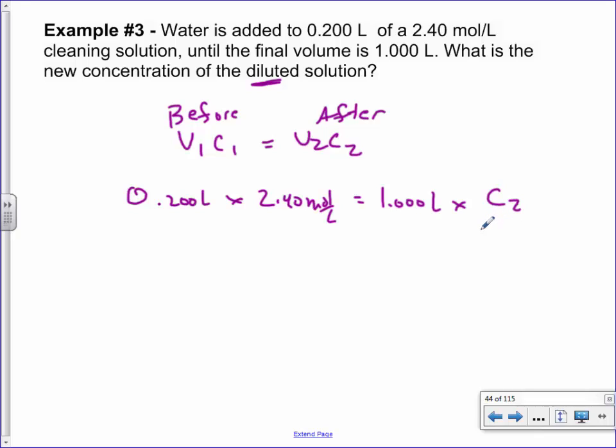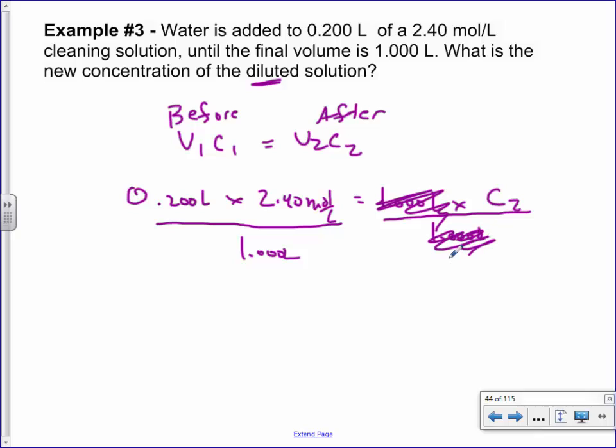Yeah, you're dividing by 1. You should probably show the work. So divide by 1 liter. Divide this side by 1 liter. Granted, dividing by 1 mathematically is not that useful. But the reason why I want to show it here is for units. What units will cancel? Yeah, this liter right here will cancel that liter right there.